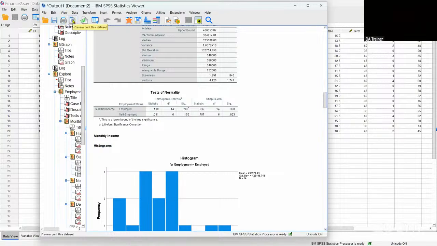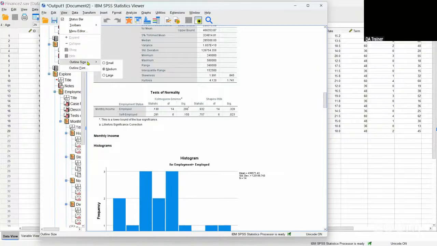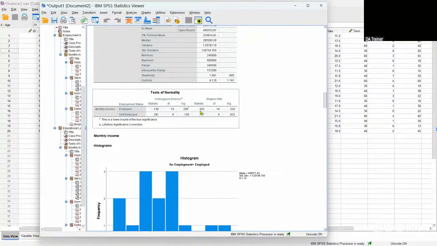Okay, let me see if I can zoom this. But nevertheless, if you can see my screen, I believe you still get what I'm trying to pass across.